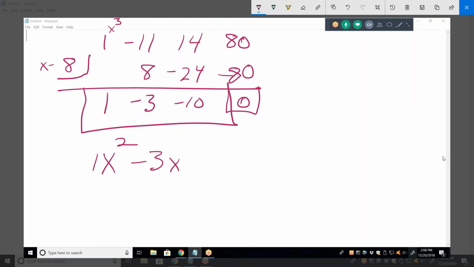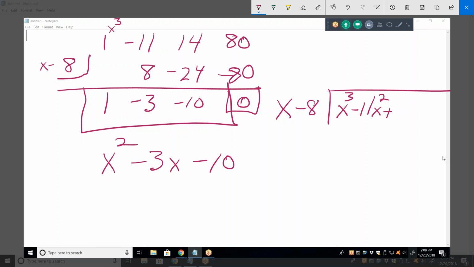And that's the answer. It's not that it's equal to 0. It's that we had a remainder of 0, which is really important. That means that when I divide by that polynomial, if I were to do it long division, my answer would be x squared minus 3x minus 10.